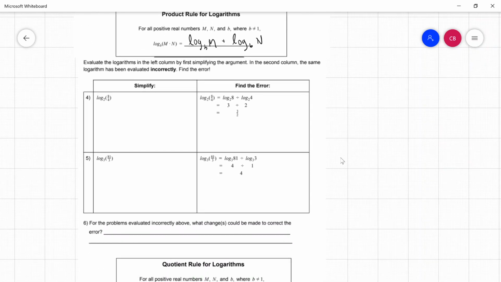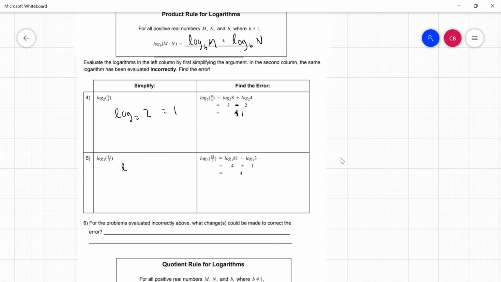Okay, so next one, we've got log 2 of 2, which is equal to 1. Well, if you notice, they have log 8 divided by this, so this must not be this, it must be subtraction, so this is 1. And just like in exponents, you'll notice that when you divide bases that are the same, you subtract the exponents.